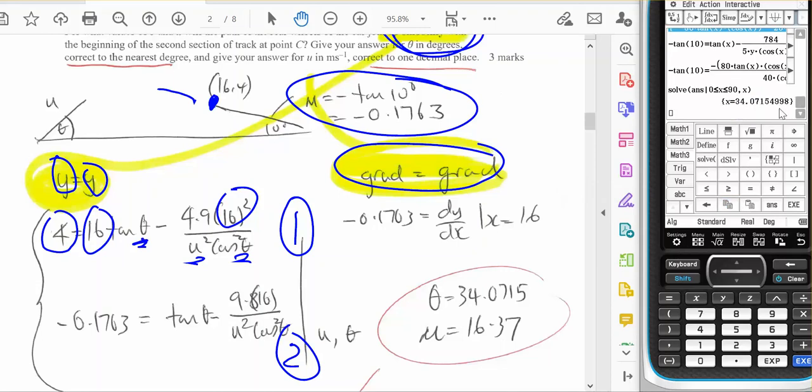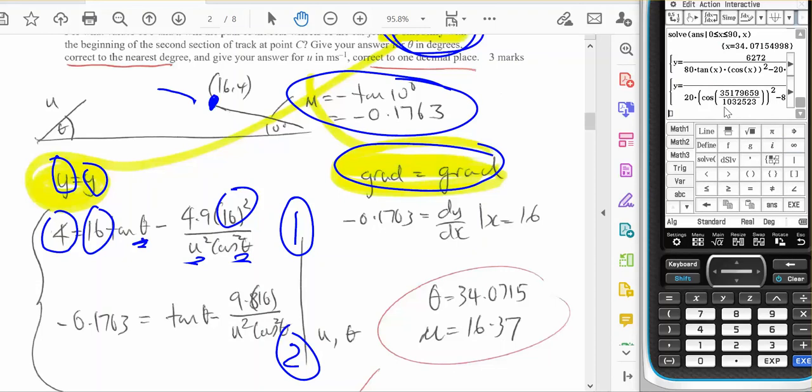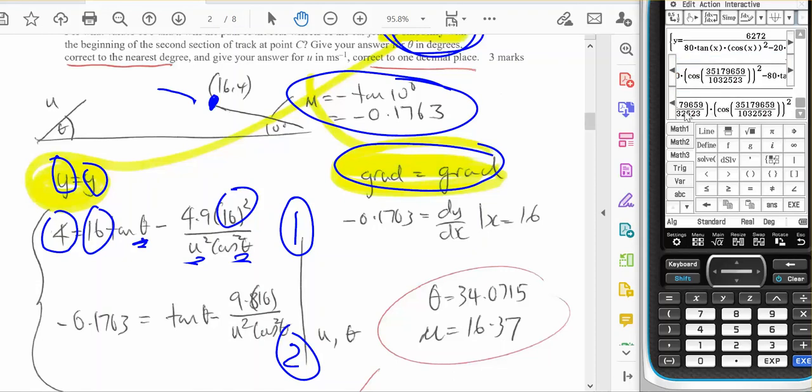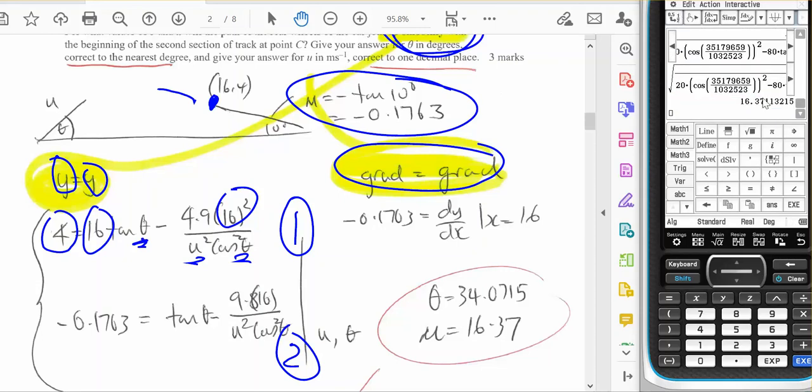But remember, that's u squared. Paste, given this answer for x, gives me an answer. Then I'm going to take the square root of all of this, which gives me 16.37, the second part of the answer.